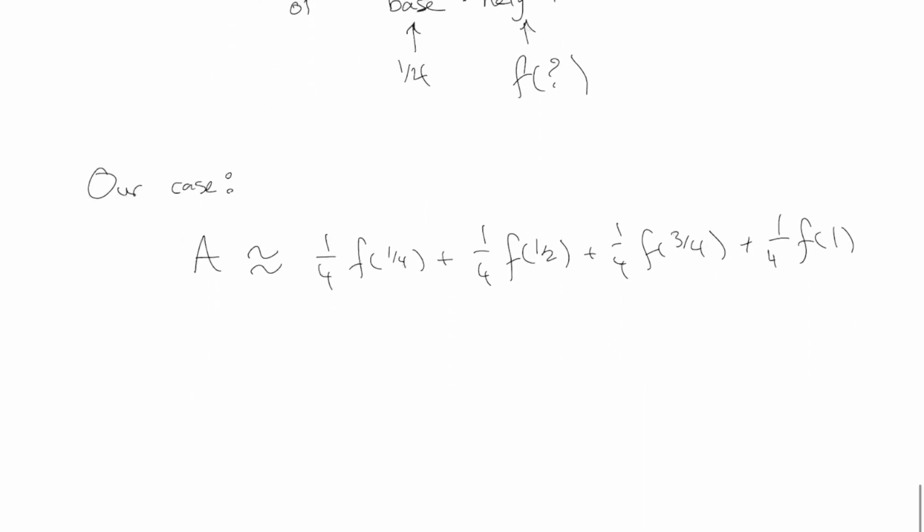And if you want to write out what those f's are, they're squares. So this is 1/4 times 1/4 squared plus 1/4 times a half squared plus and so on. This is kind of tedious to write out, but it's sort of brainless. I mean, there's not a lot to it.